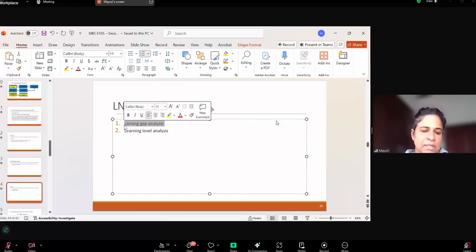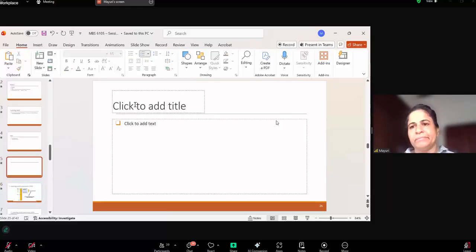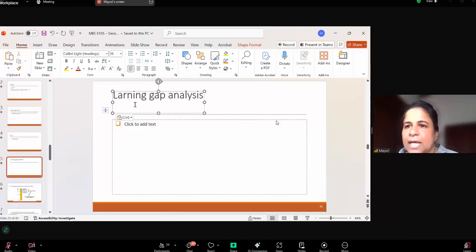Now we will go to the learning gap analysis. This one is very important because it visualizes the size of the skill gap. So when there is an observation that there is a learning need, we must assess what is the size, whether it's ignorable, whether it is significant, whether it is considerable, whether it is serious.